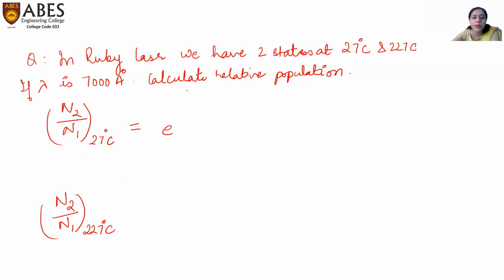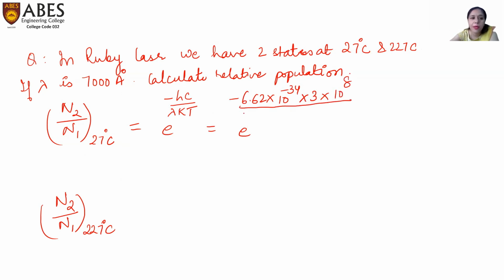So it will be e raised to the power minus h c by lambda kT, which will be e raised to the power minus 6.62 into 10 raised to the power minus 34 into 3 into 10 raised to the power 8. Lambda will be 7,000 into 10 raised to the power minus 10.